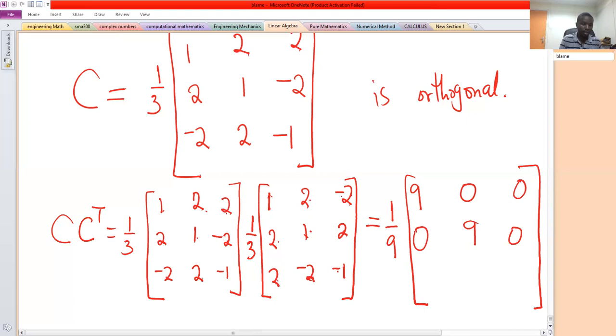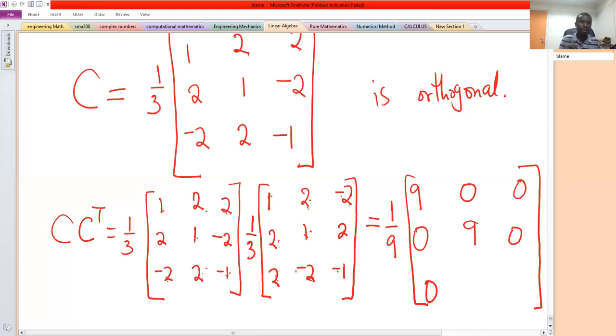Minus 2 times 1 is minus 2, plus 2 times 2 is 4. And then minus 1 times 2 is minus 2. When you add minus 2 plus 4 plus minus 2, you get 0. And minus 2 times 2 is minus 4, 2 times 1 is 2, and then minus 1 times minus 2 is positive 2.